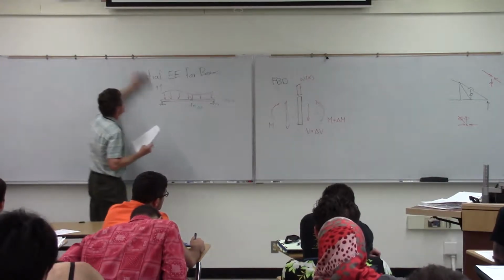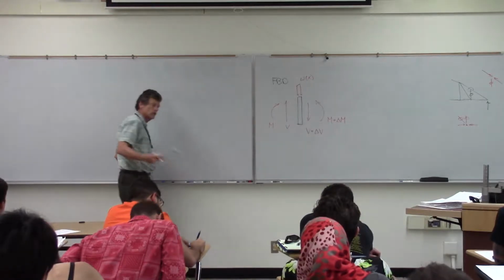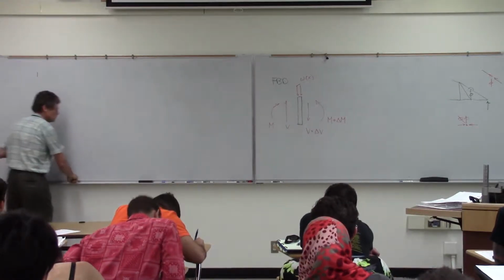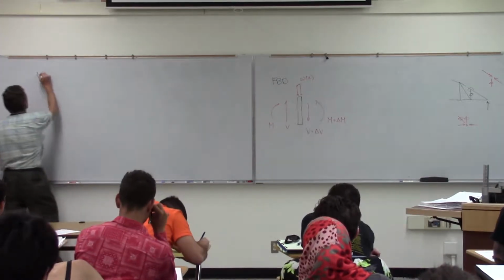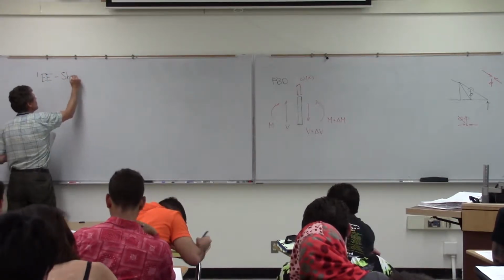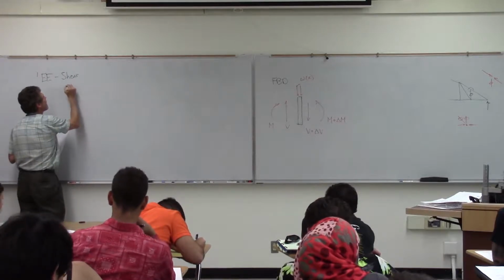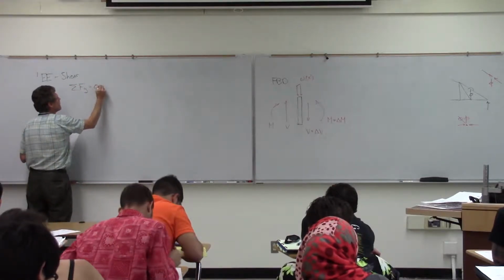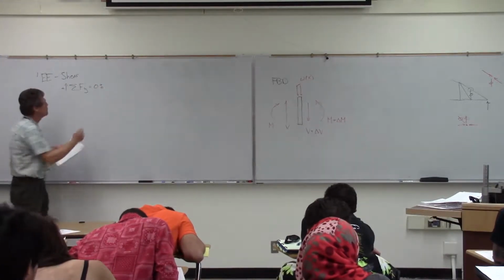OK, so now we'll just simply go through and do our two-dimensional equilibrium like we normally do. First of all, we'll just consider the shear component. Set up our expression.